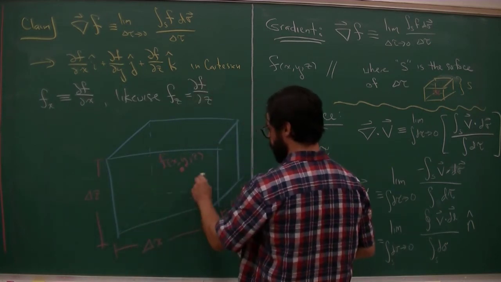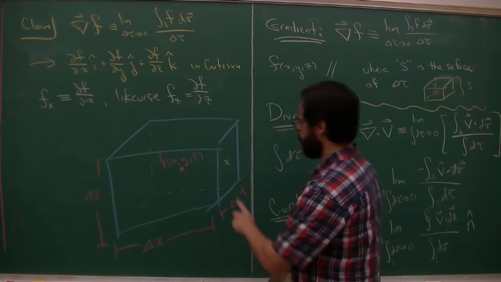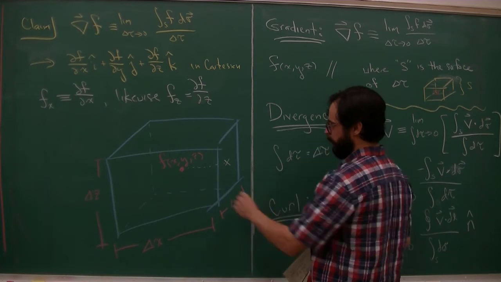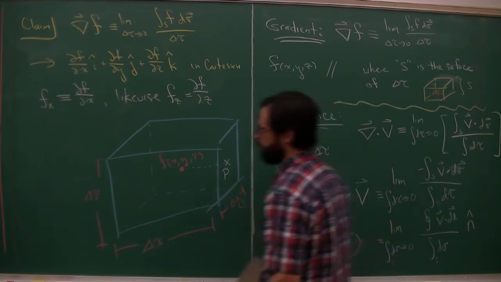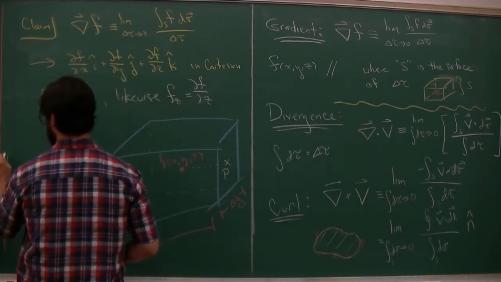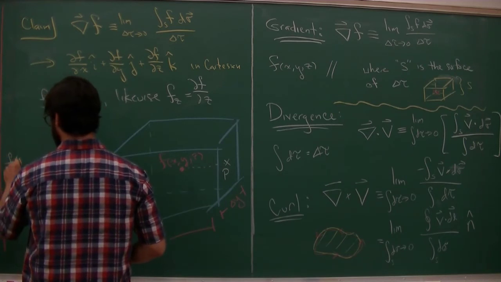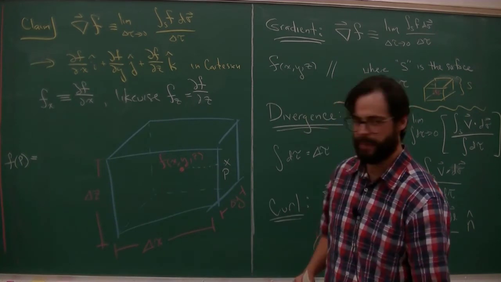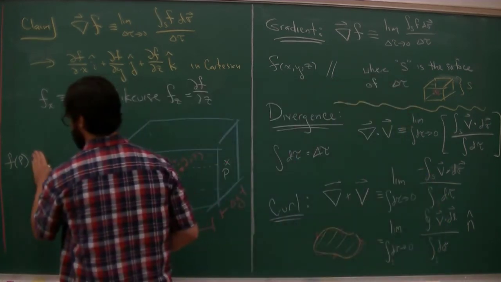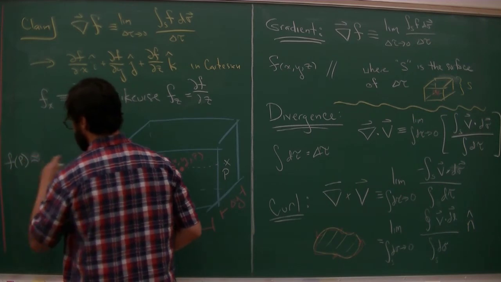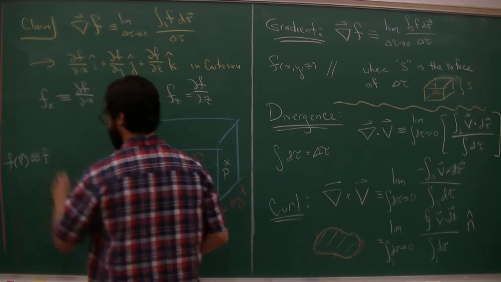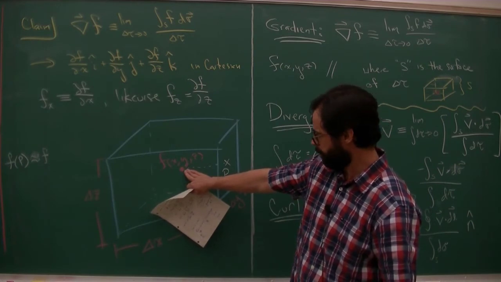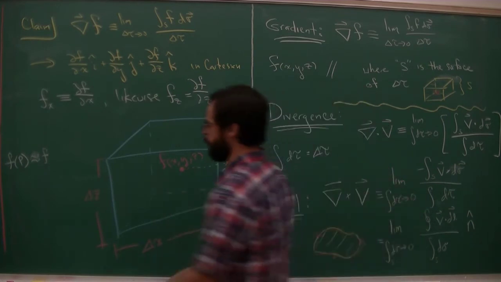Okay, so the first thing to note is that if I want to evaluate this point right here, so I'm on this side of the box, so I'm moving f here, we'll call this point P. I'm going to claim, and you're hopefully going to believe me, that Taylor's theorem tells me that f of P can be well approximated by f itself, f evaluated at x, y, and z.